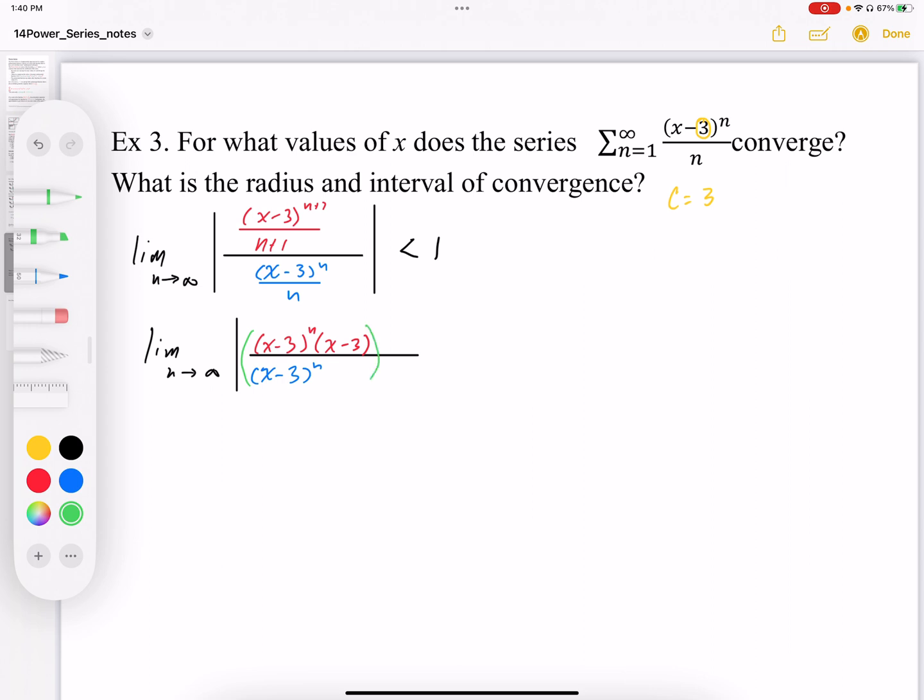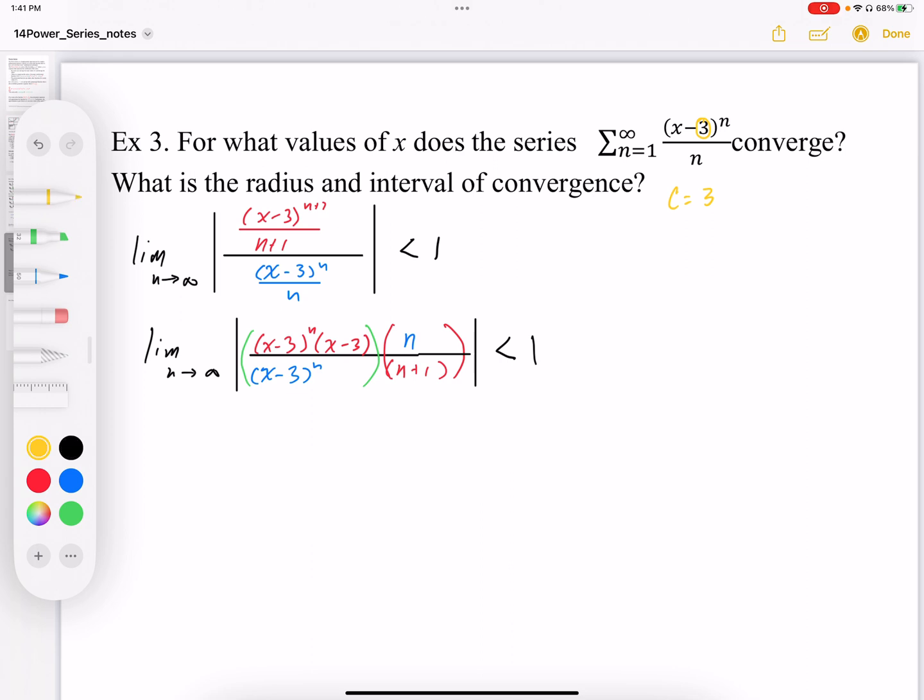Grouping that all together, we can see that the (x minus 3)^n's cancel out. We're going to group our n terms together, so that n over n plus 1, and we'll group that all together as well. And that has to pass our ratio test, so that has to be less than 1.